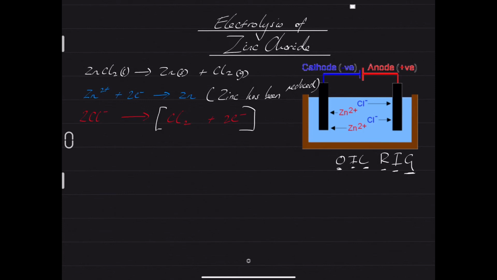So we say chlorine ions, or chlorine, has been oxidized. So oxidation has occurred at the anode to form chlorine gas. Reduction has occurred at the cathode to form zinc metal.